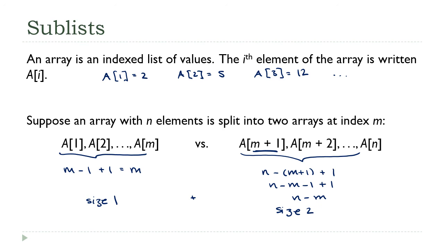And that is what happens. If we do m plus n minus m, yeah, it does come out to n, which is the size of the list that we started with. So good. Our formula does seem to be working, in the sense that it's giving us what we expect from the situations where we already know what the result should be.